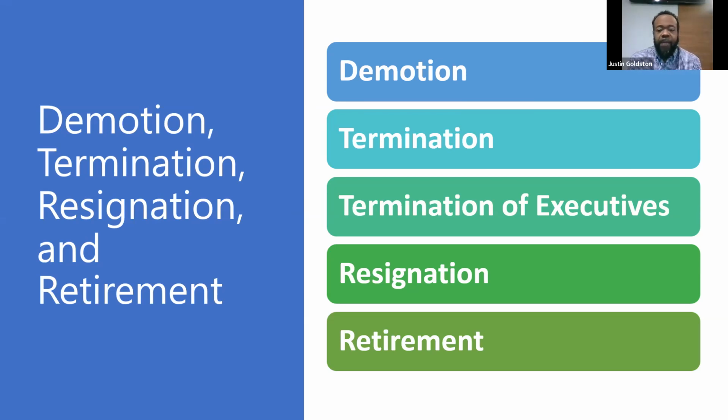Okay. And then finally, the last thing we're going to talk about within this module is going to be retirement. Now, retirement is one thing that's common from an organizational perspective. And this is the goal, the holy grail, that we don't really have many demotions. We don't have many terminations.